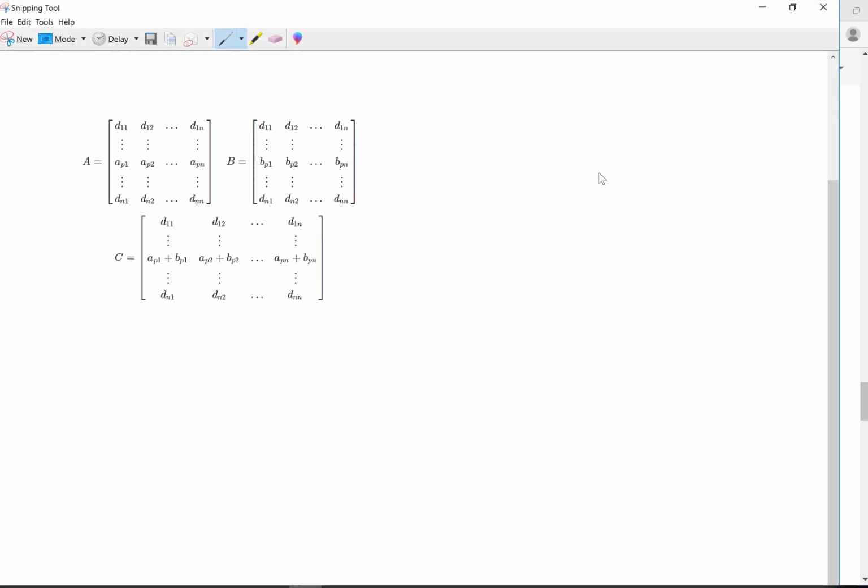So again, let's expand along row P in each case. Because all the other entries are the same, you can see that to get the determinant of A, what's the first thing we do?